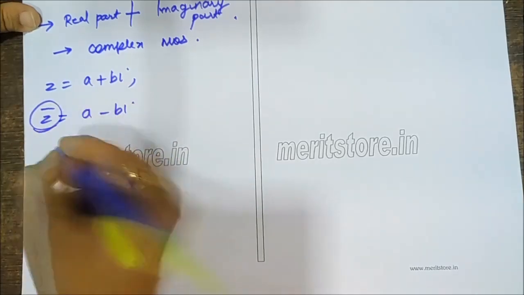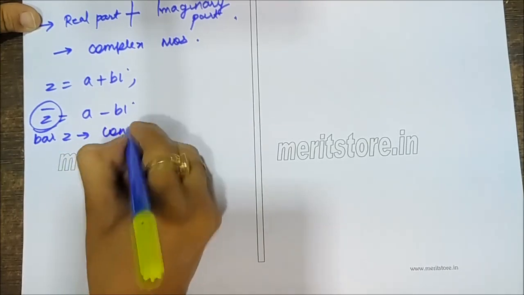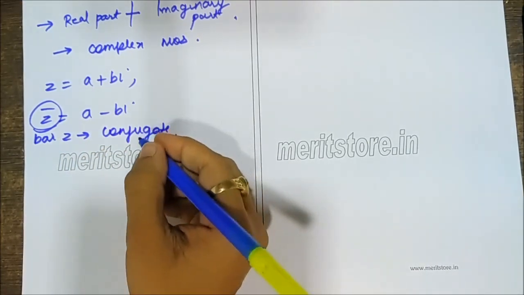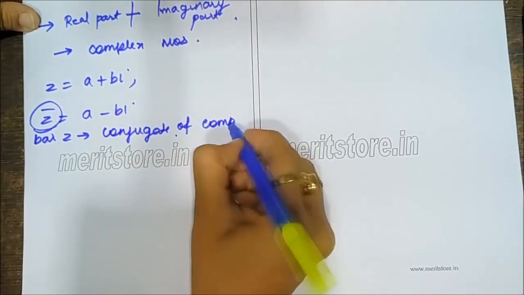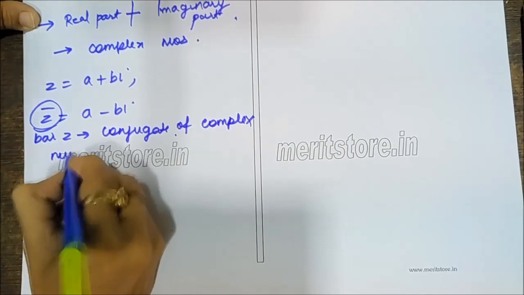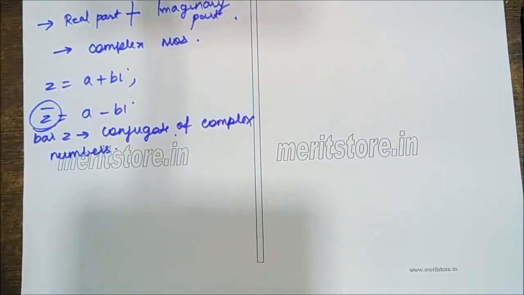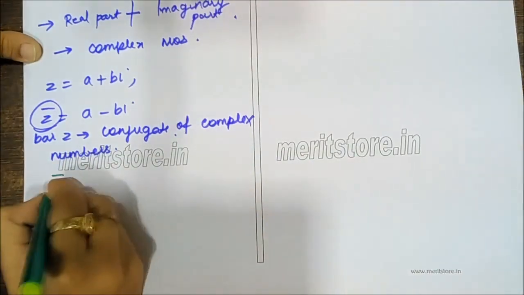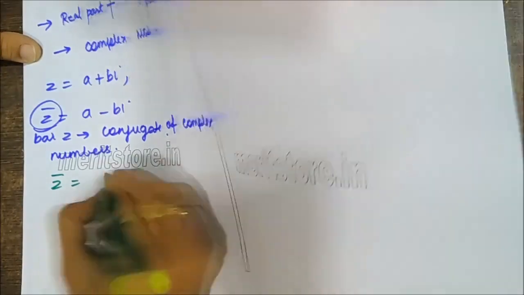Now what is this bar z? It is the conjugate of complex numbers. So bar z will be conjugate.